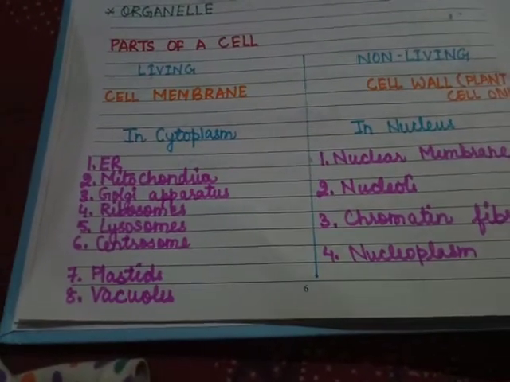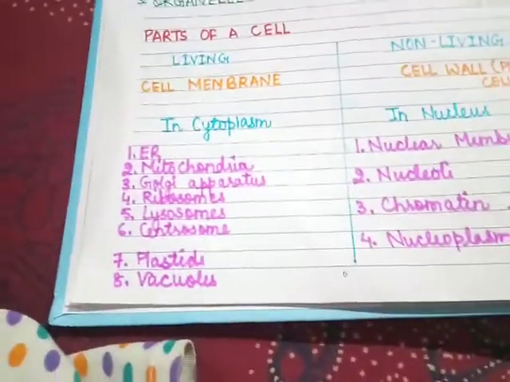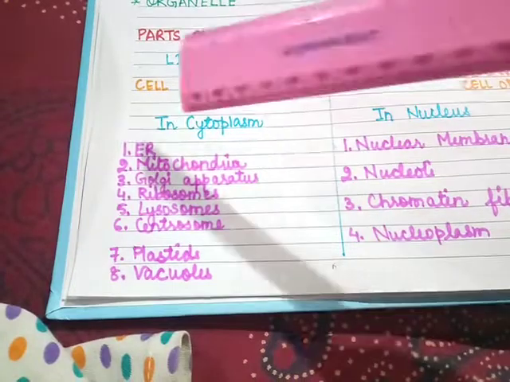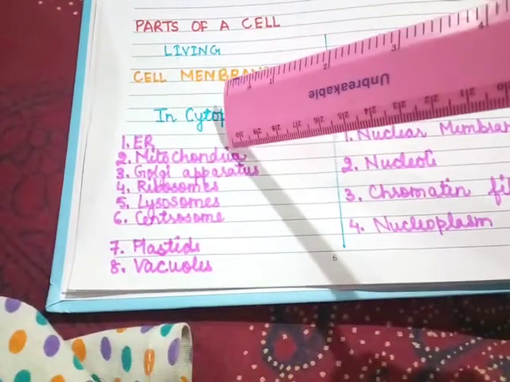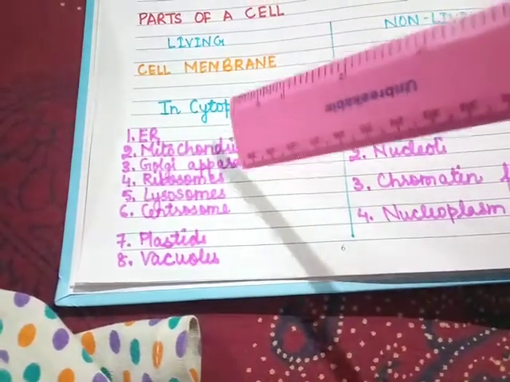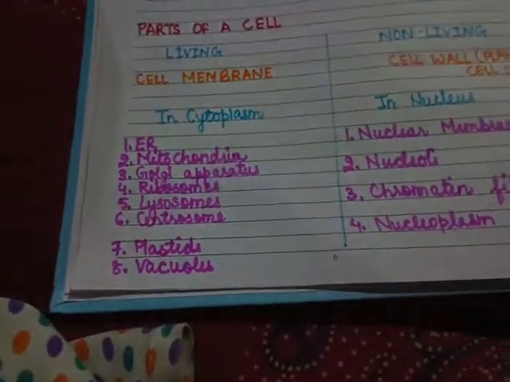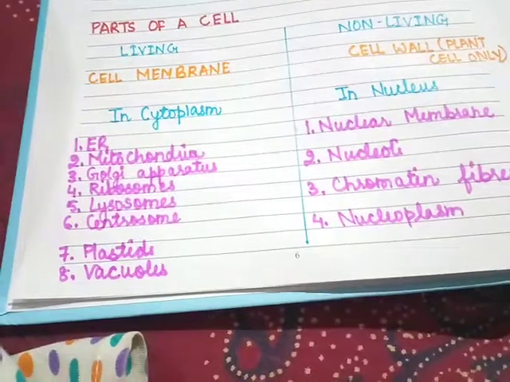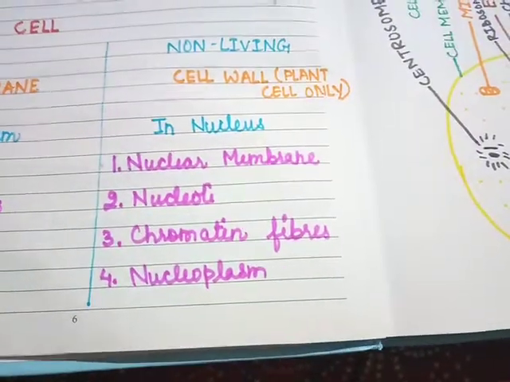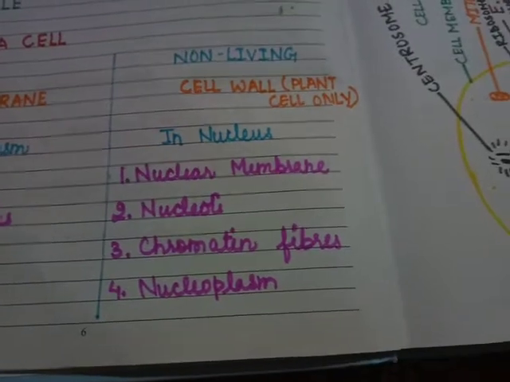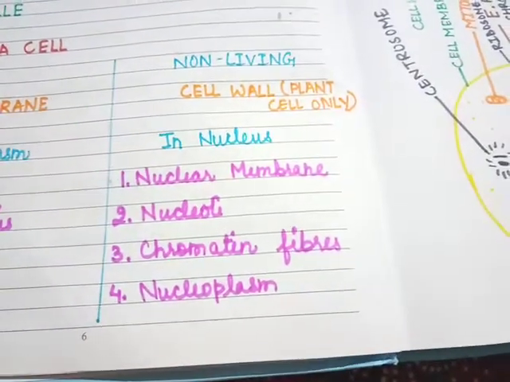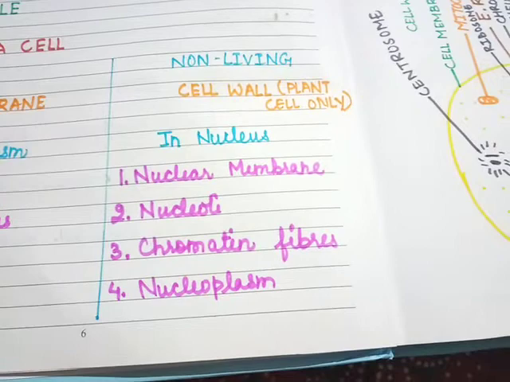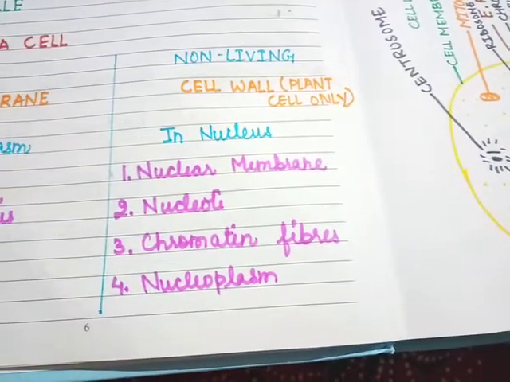Now let us see what are the different organelles which are present in the cytoplasm. Cytoplasm contains endoplasmic reticulum, mitochondria, Golgi apparatus, ribosomes, lysosomes, centrosome, plastids and vacuoles, along with the granules. And in the nucleus, you will find the nuclear membrane, the nucleoli, chromatin fibers and nucleoplasm.